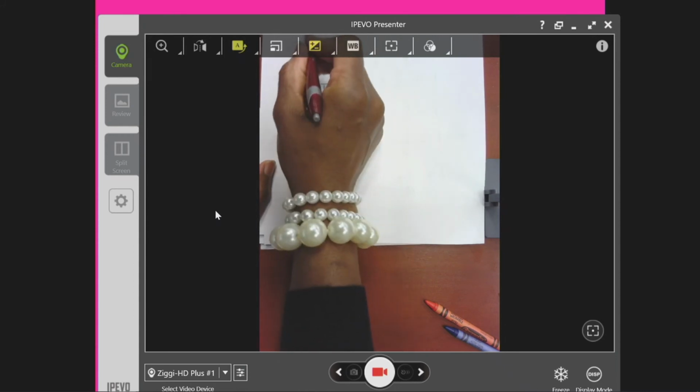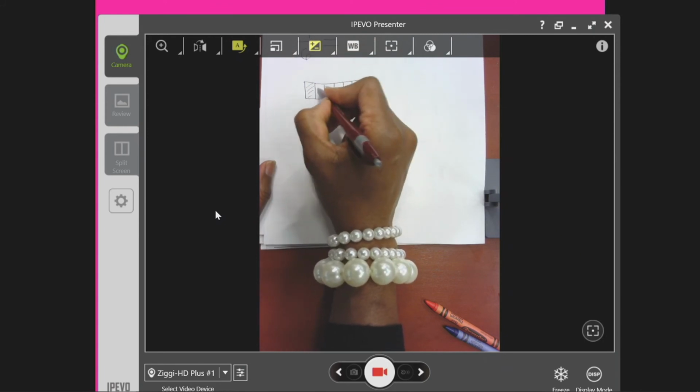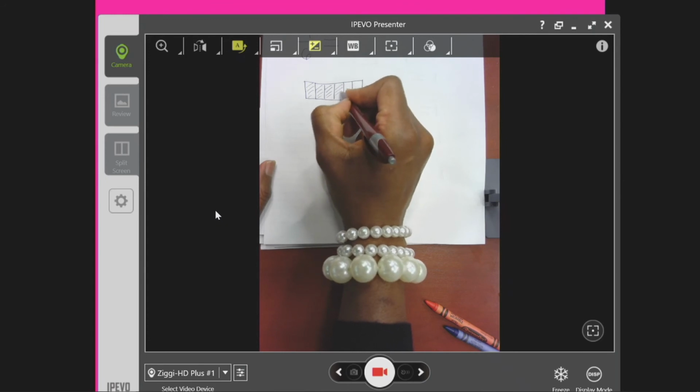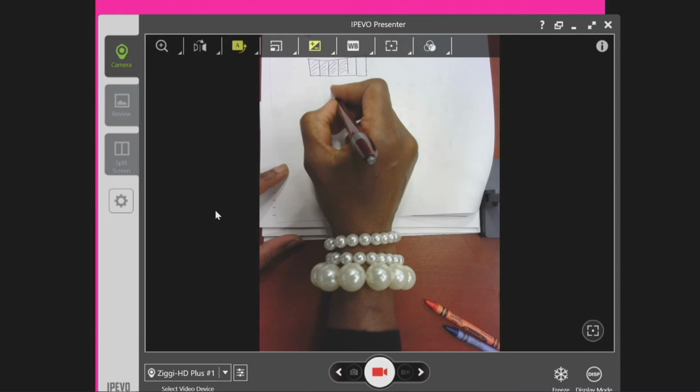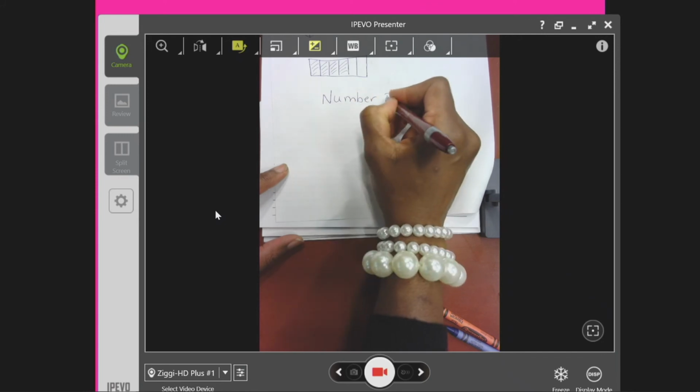And I am only dealing with 4 of them. So I'll shade in 4 of the 6. So to decompose, I am going to look at this visual model, but this time I'm going to use a number bond.